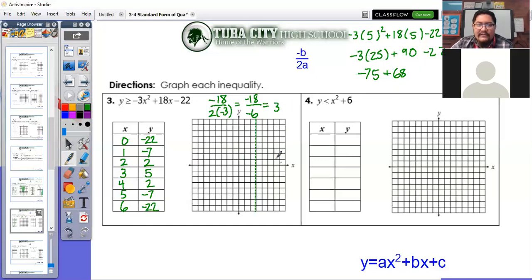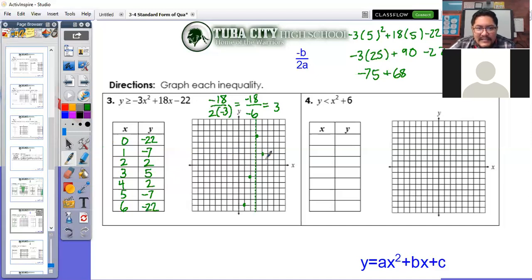And let's go ahead and fill this in. So I cannot graph negative 22 because that would be way down here. So let's move over to 1 here, 1 and negative 7. So over 1, down 7. Next one would be over 2, down 2. 3, 5, so over 3, up 5. Oh no. Okay, so remember what I said earlier? Over 4, up 2.